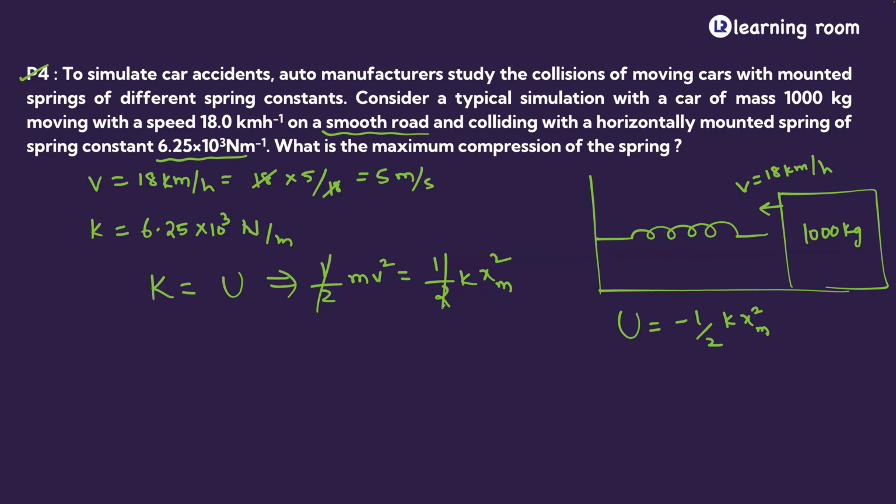So half and half will get cancelled. mv square is equal to k times xm square. What is the value of m? It is 1000 into v square, which is 25, equal to k, which is 6.25 into 10 power 3 into xm square. So 1000 and 1000 will get cancelled.